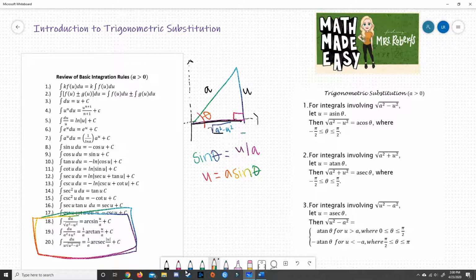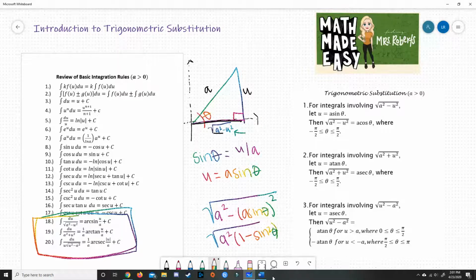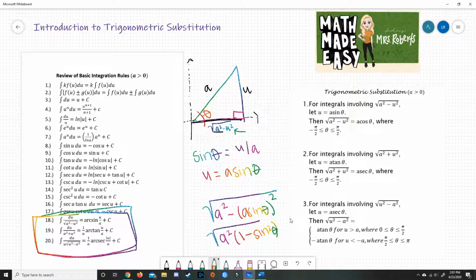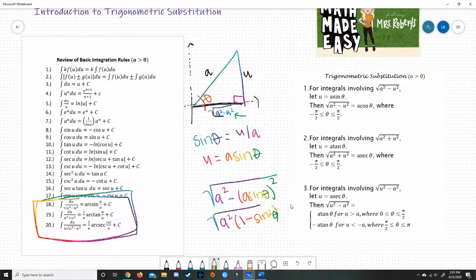I could say that this is the same thing as the square root of A squared minus A sine of theta squared. But we can do some algebra on that. This is actually the square root of A squared times 1 minus sine squared. And 1 minus sine squared is cosine squared.